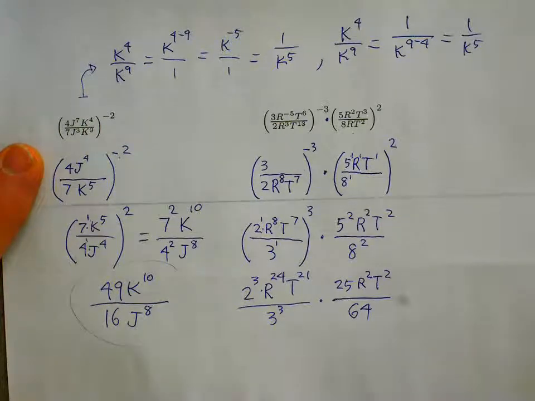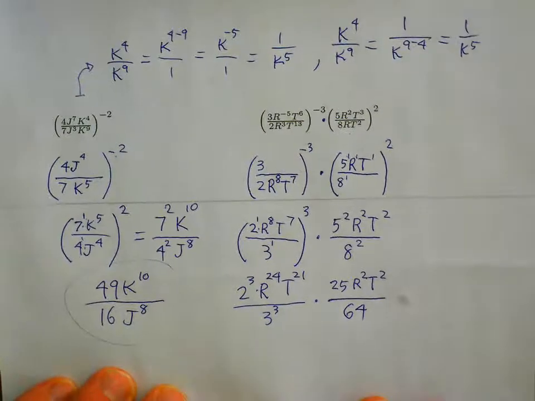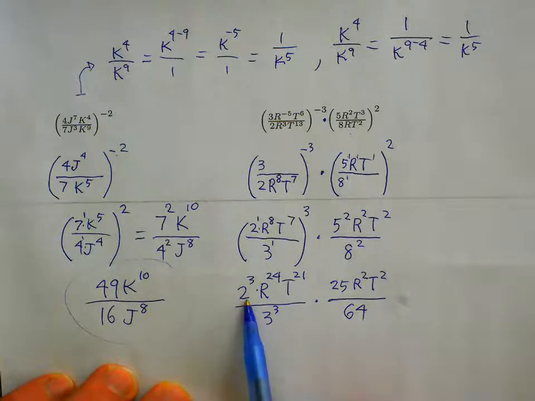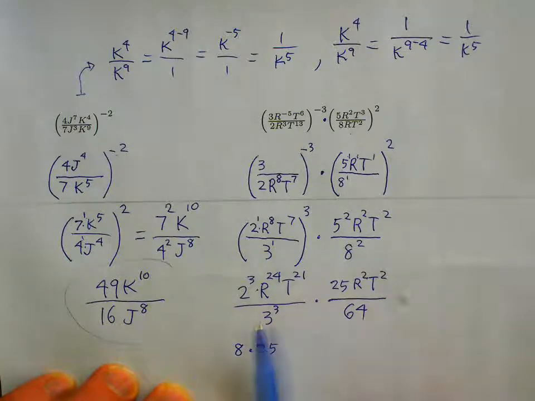Okay, we can start to simplify. We'll do a few things to simplify here. 2 to the third is 8. And I'm going to bring this numerical factor 25 so that it's next to 8, because we're just multiplying two fractions.